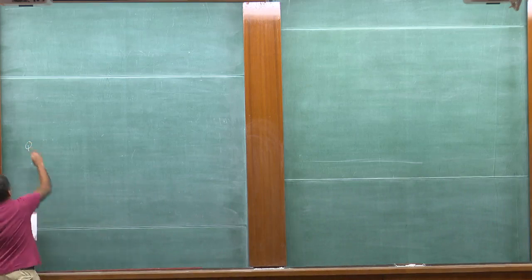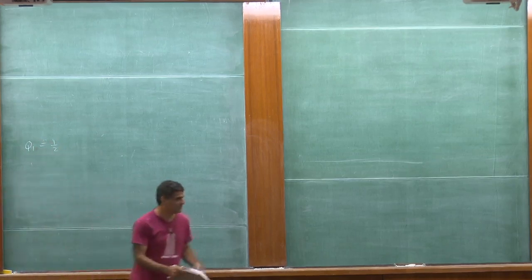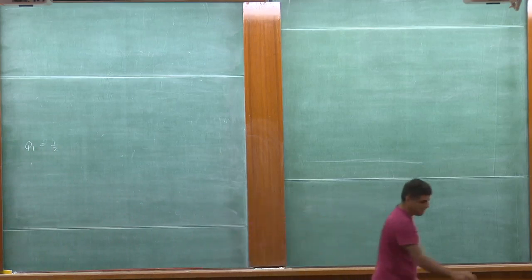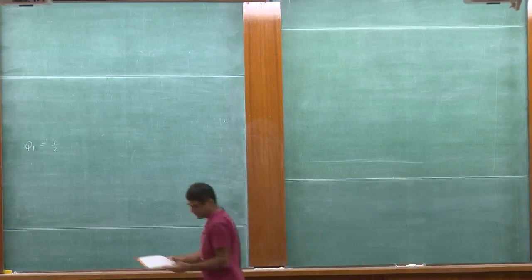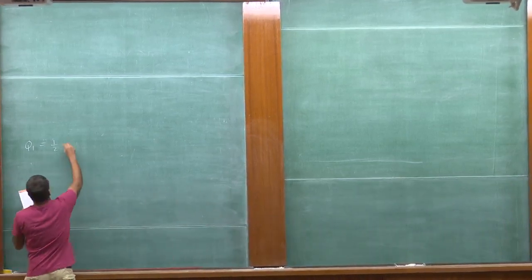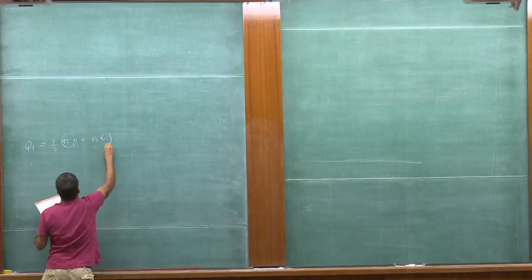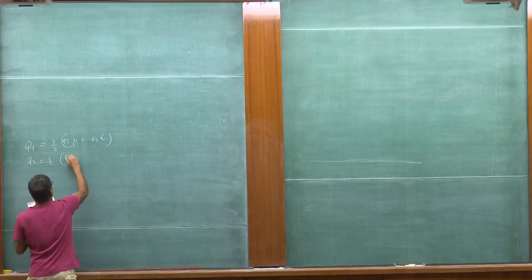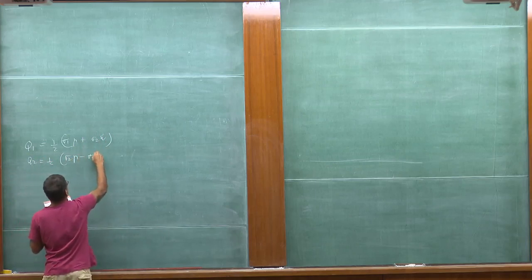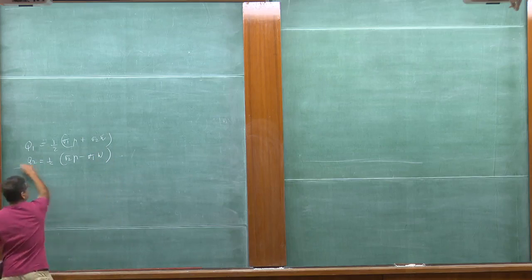You remember we had Q1 equal to half sigma 1 p plus sigma 2 w. Q2 was equal to half sigma 2 p minus sigma 1 w. And you remember that we found it useful to eventually take complex linear combinations of these.